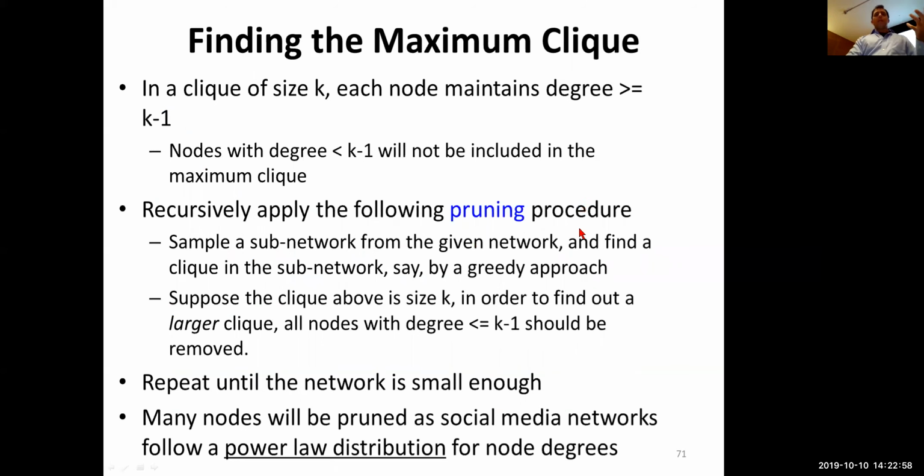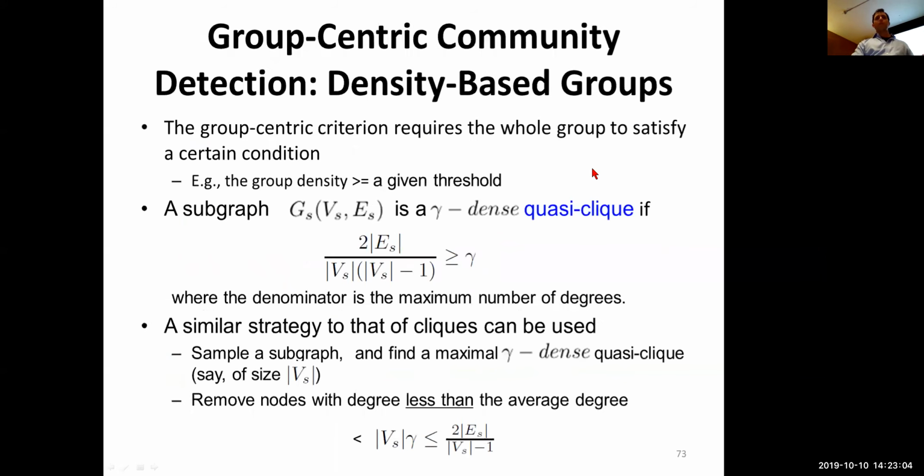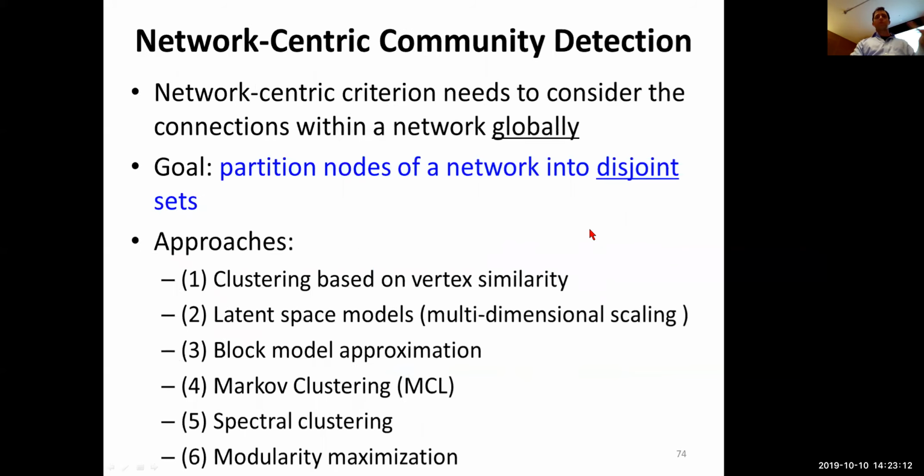You can iteratively prune the network to find minimal cliques that way. You could also look at the overall density and find dense quasi-cliques, which is not NP hard, as you can have approximations to that. There are many different ways of doing this.